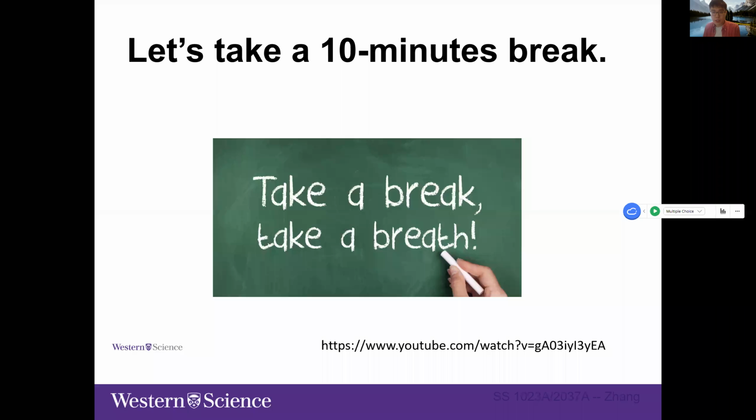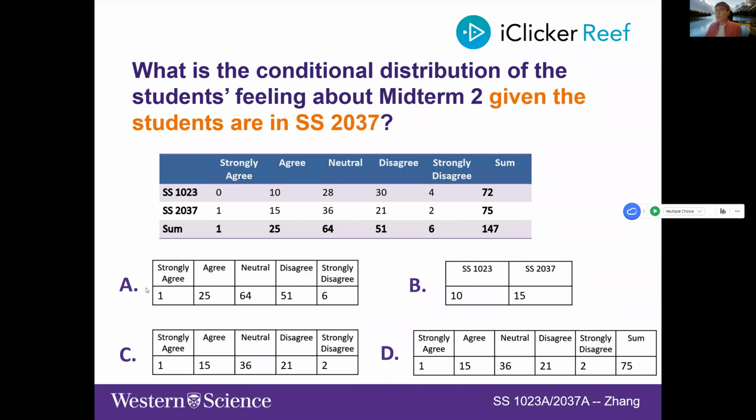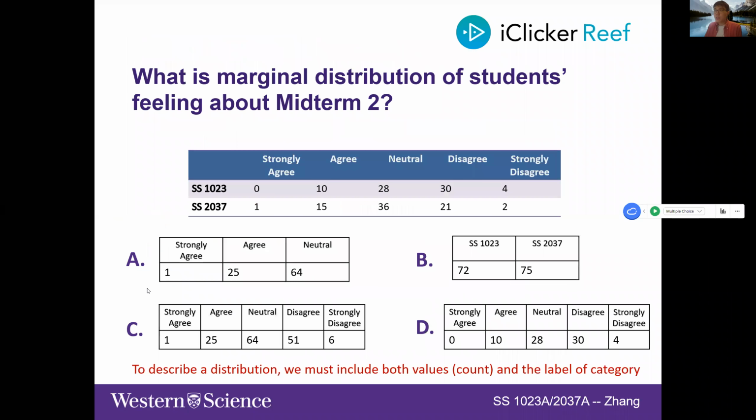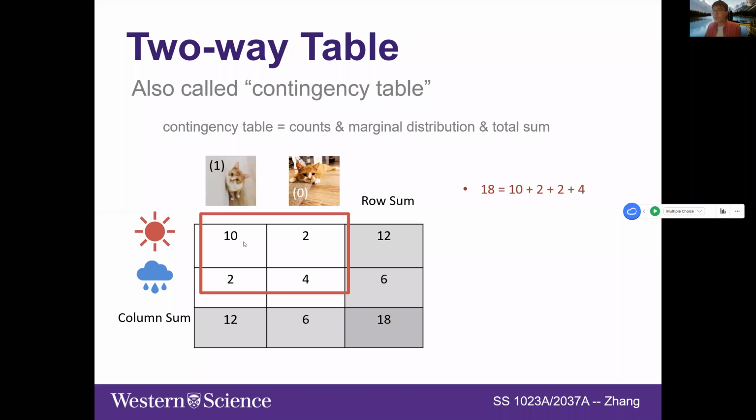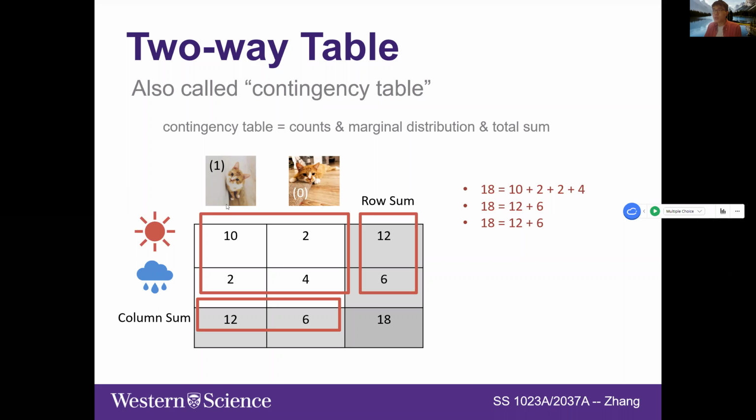Okay, I have a question about today's lecture: explain the two-way tables and the two-by-two tables. The difference is that the two-by-two table is just the first component, or the first region. Remember, we divide our two-way tables into four different regions. For this example, you can safely say that the two-way table is your two-by-two table, plus the marginal distributions as well as the total sum.